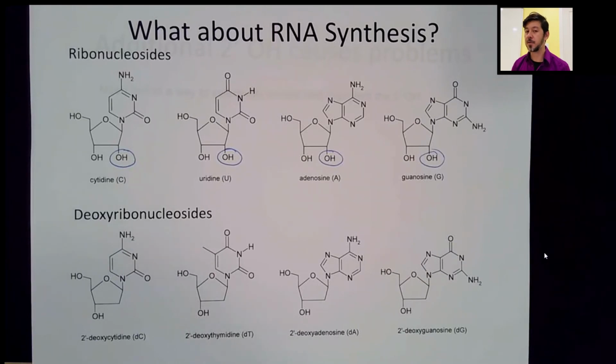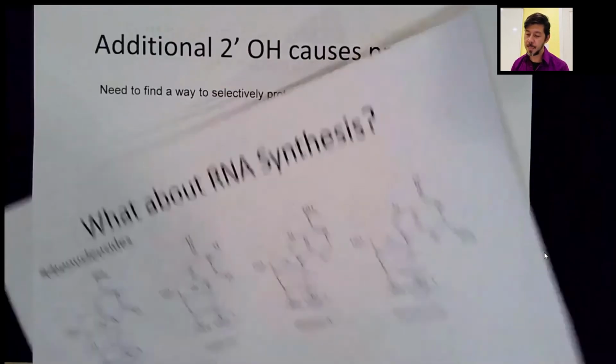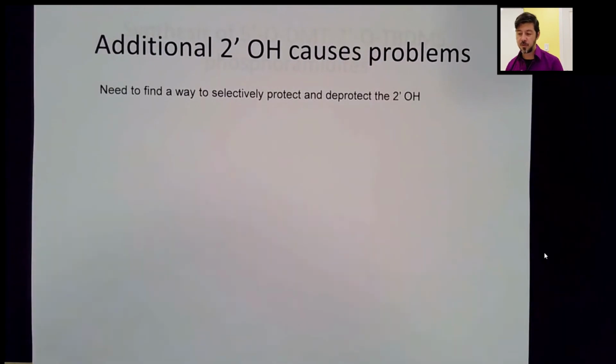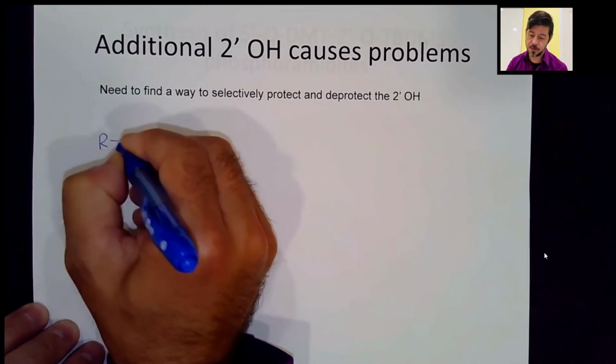And then later on, we need to find a unique way to remove it from the structure without compromising any other functional groups. So those are the problems I just talked about. We need to find a way to selectively protect and deprotect the 2' hydroxyl group.